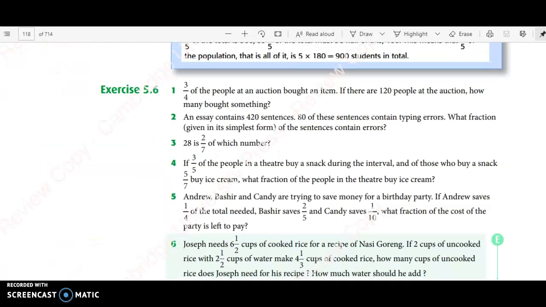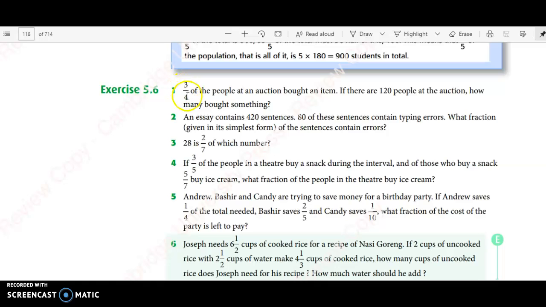Okay, now sometimes you will be given a word problem. So if you are given a word problem, you have to understand what terms you have to use, and what the problem or question wants you to answer, and then you have to make it into a mathematical problem, or a number problem.